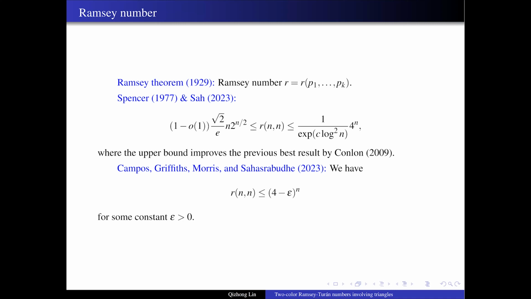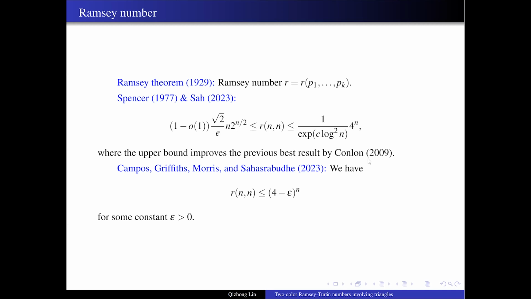And we know the diagonal Ramsey number can be bounded as follows, where the lower bound due to Spencer was obtained by using the Lovász local lemma, and the upper bound due to Sah improves the previous best result by Conlon.